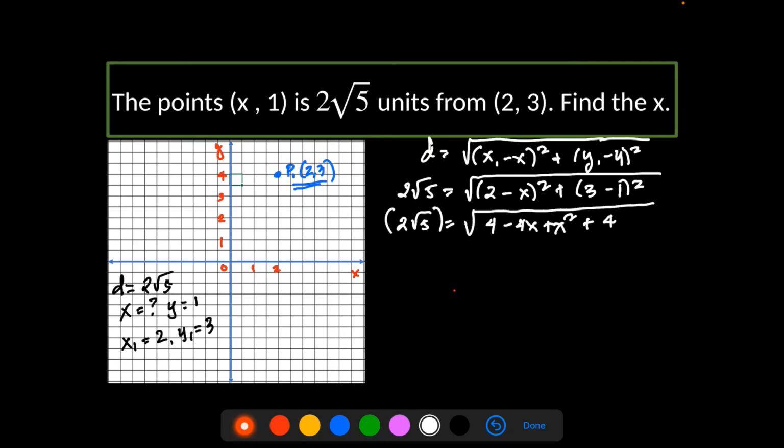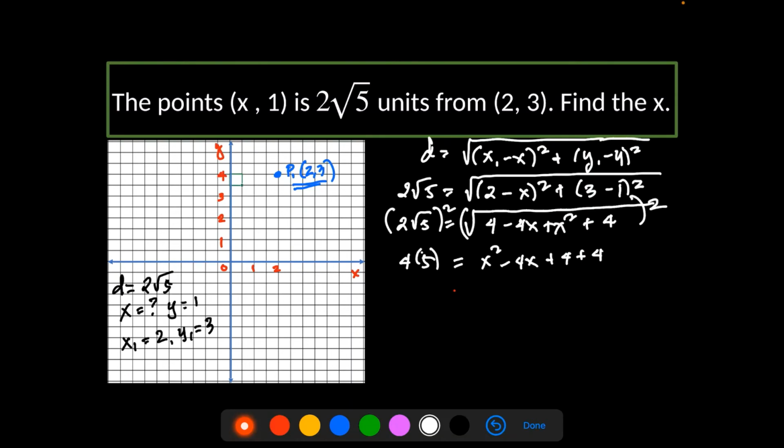Okay, so getting rid of the radical sign, we square them, so 2 squared is 4, and square root of 5 squared is 5, so that will give us 4 times 5 equals x squared minus 4x plus 4 plus 4.